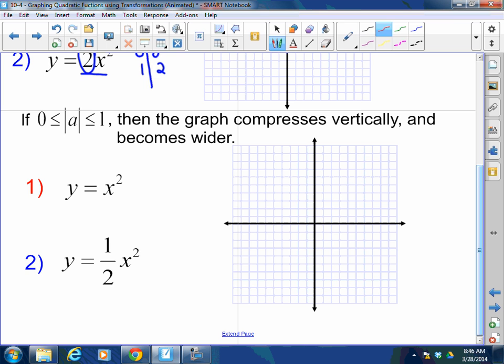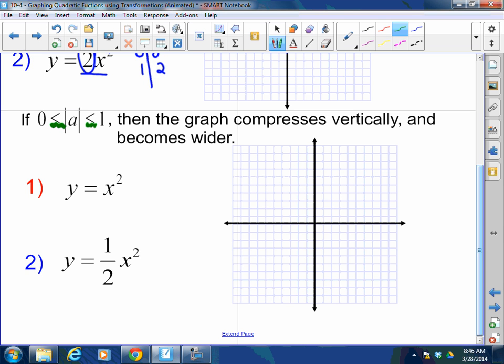Now, if A is greater than 0 but less than 1, sorry, that's a mistake. Get rid of that equal sign.